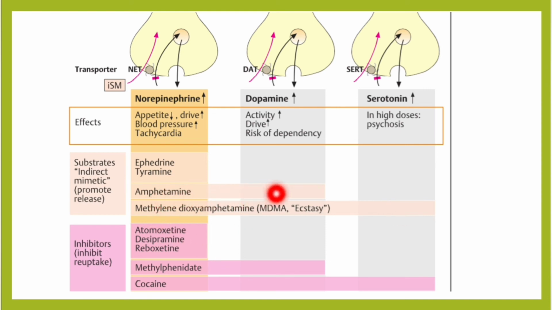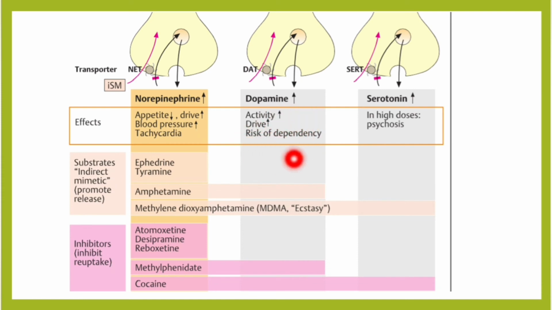Amphetamine increases norepinephrine and dopamine. Ephedrine and tyramine only increase norepinephrine, right? So you can see the effects. If there is increased norepinephrine, there will be decreased appetite, increased drive, and increased blood pressure and heart rate, thus tachycardia. An increase in dopamine will increase activity and drive, and there is a risk of dependence.